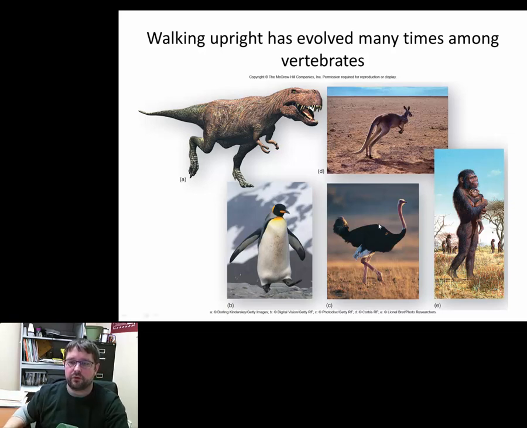Speed is one of the advantages. Swimming performance in the case of penguins. But there are disadvantages. Clearly, you have a bird that can't fly. You have kangaroos that can't climb trees anymore. They're related to koalas, which climb trees.